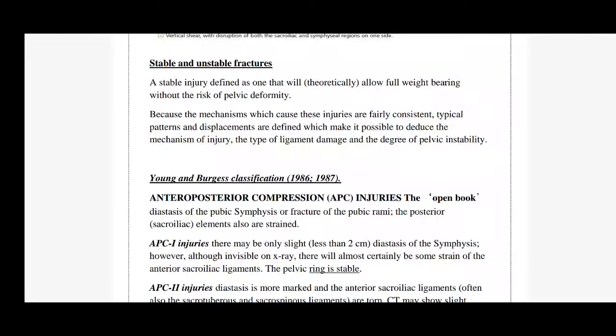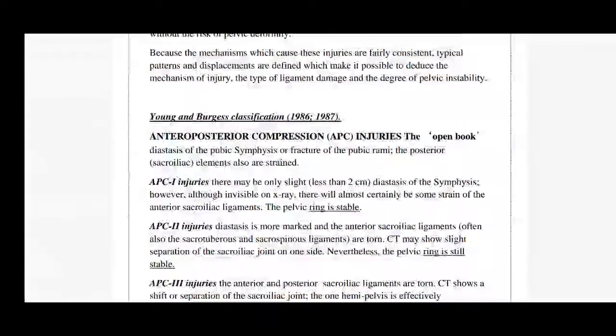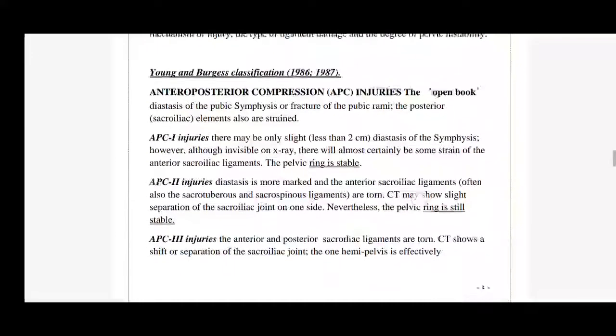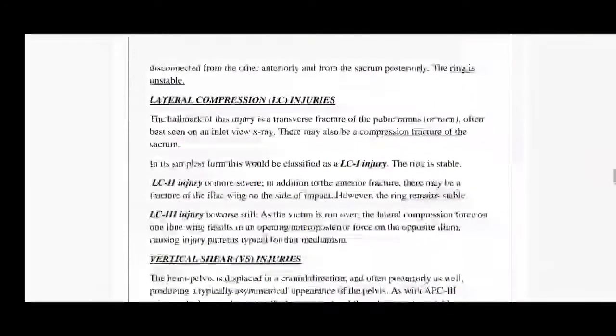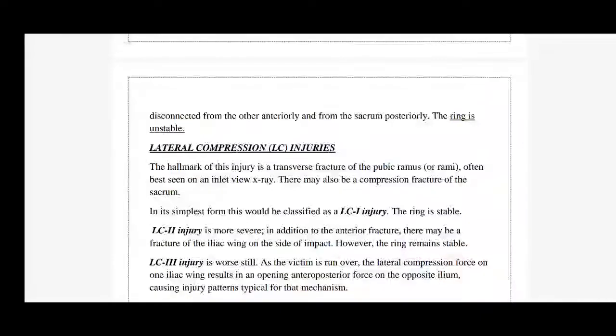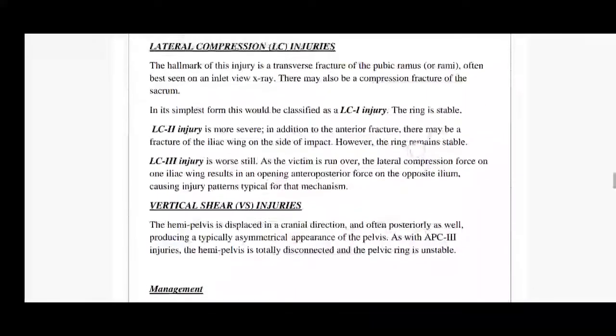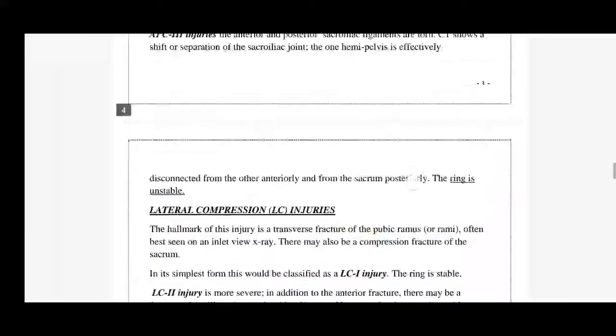In general, pelvic fractures can be classified according to the Young and Burgess classification into anterior posterior, subclassified into type 1, type 2 and type 3, lateral compression type 1, 2 and 3, and vertical shear injuries.